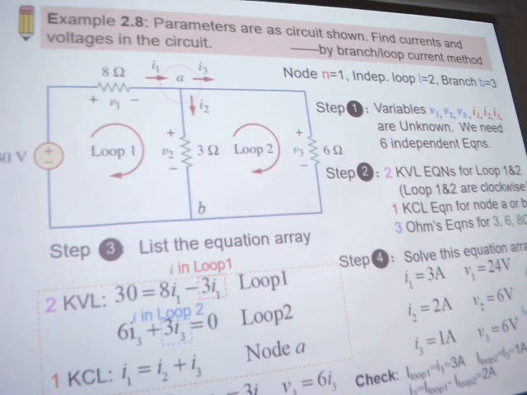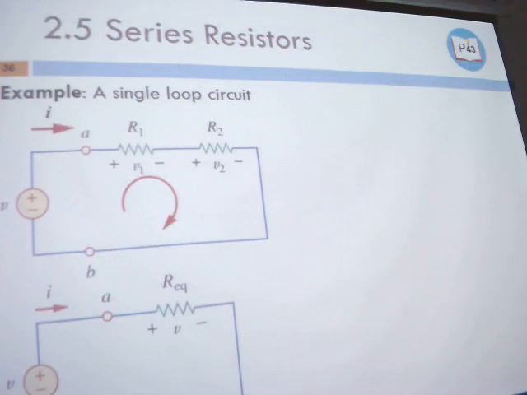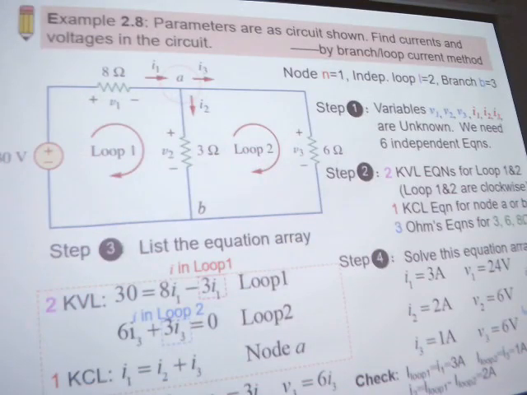Okay, VAB. But VAB is equal to 2. We don't need to count the VAB. So they do it the same way, but I have a little bit different result.